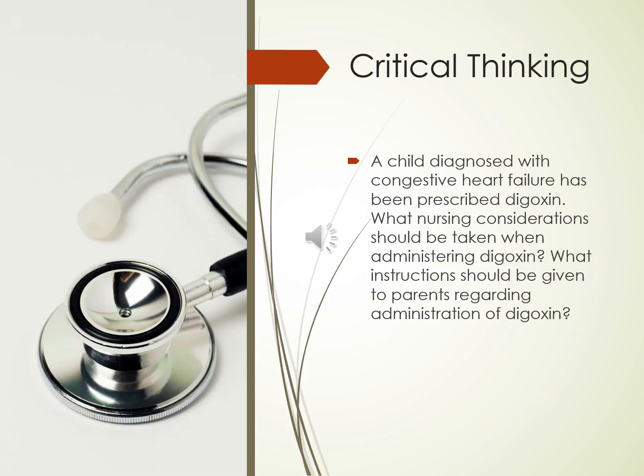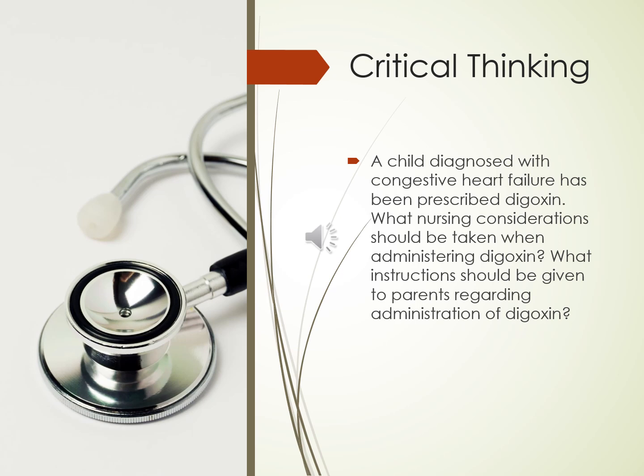All right, let's do a little review and test your critical thinking skills. So you have a child who's diagnosed with congestive heart failure. They've been prescribed digoxin. What nursing considerations should be taken when administering digoxin? What instructions should be given to the parents regarding the administration of digoxin? You want to make sure that you're counting the apical pulse for a minute prior to administration, right?